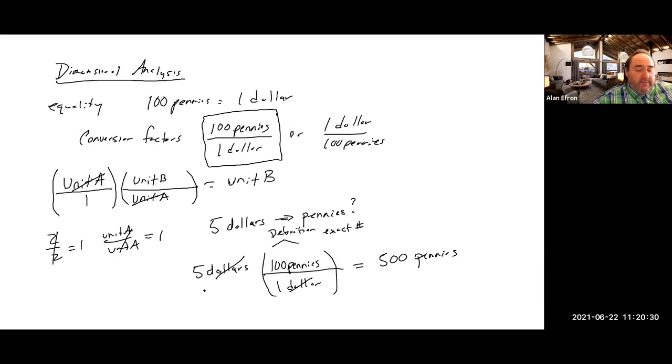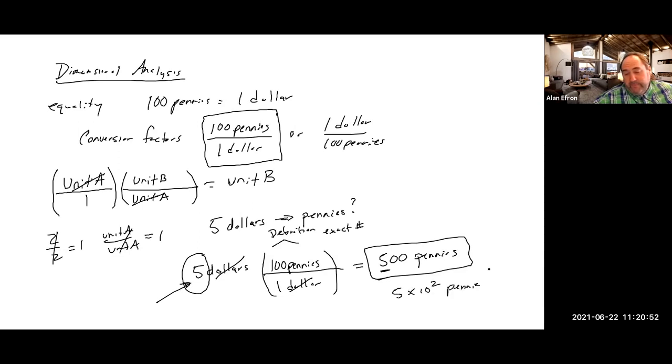The only number we have to worry about is this first number, which has one significant figure, which is why I wrote my answer as 500 with no decimal point, one significant figure in this case. You obviously could write 5 times 10 to the 2 pennies as well, and that would also be one significant figure.